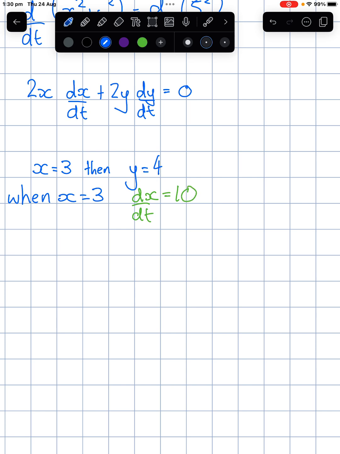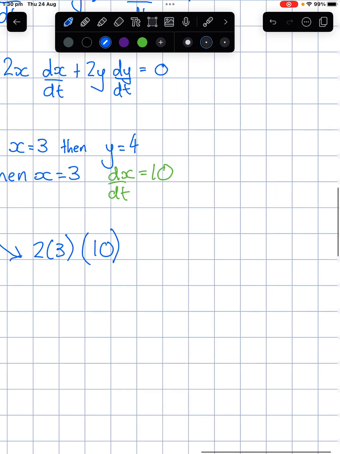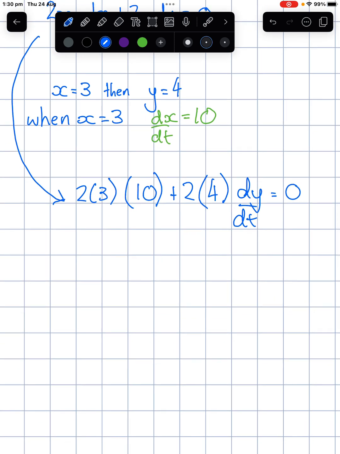Now, all we've got to do is sub our values in here, and we can go, well, 2 times 3, because x is 3, and then dx dt equals 10. We've got 10 plus 2, and y was 4, dy dt, all equals 0, which means 3 times 10 is 30, times 2 is 60.